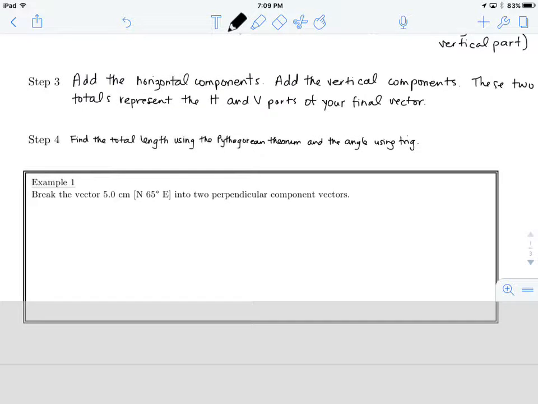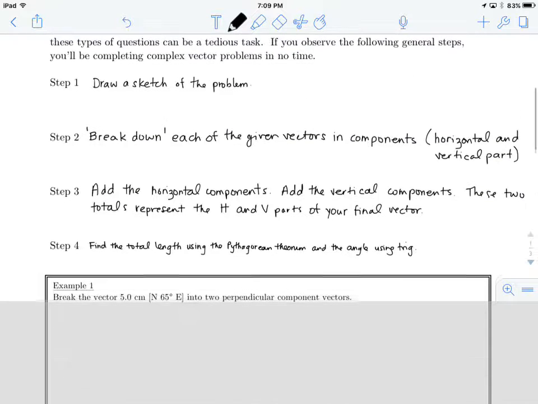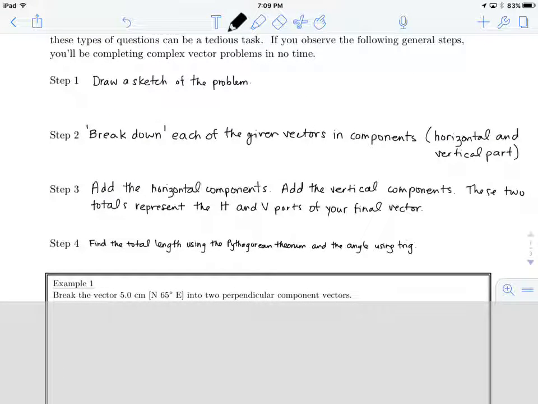All right, so these are our steps overall. This is what we're going to do. And I'm going to show you a complete solution following these steps as a model, okay? And that's going to come next.